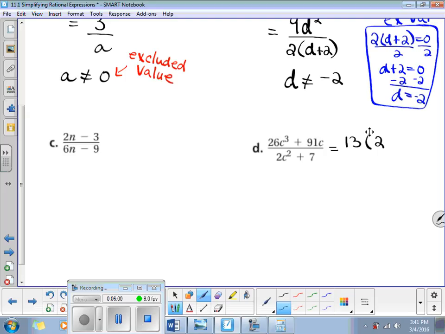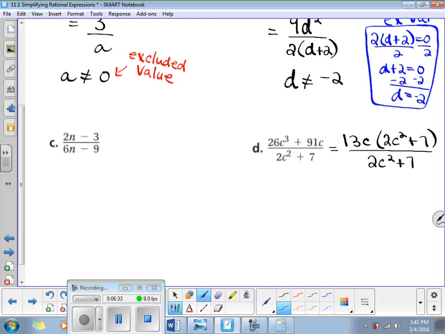Let's redo that. We're going to factor out a 13C. We'll be left with 2C squared plus 7 on top, all over 2C squared plus 7.